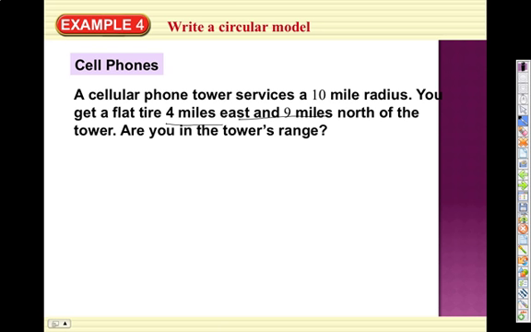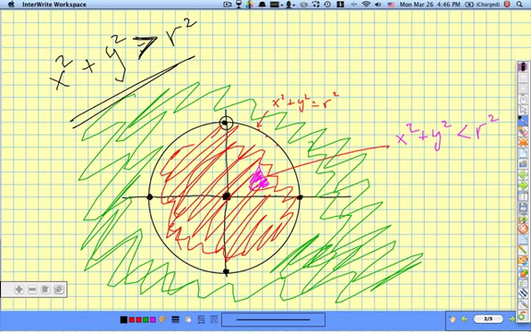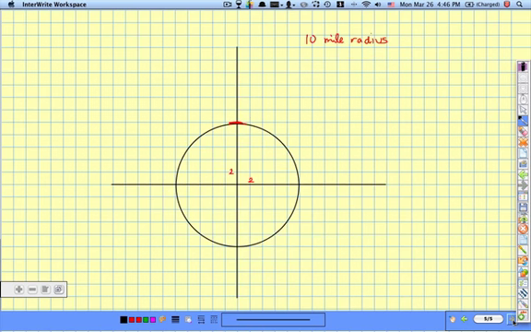So let's go back to my picture here. This 0, 0 is our tower. Our tower has a 10-mile radius. We're going by 2's. So if we start here, they say we go 4 miles east and 9 miles north.